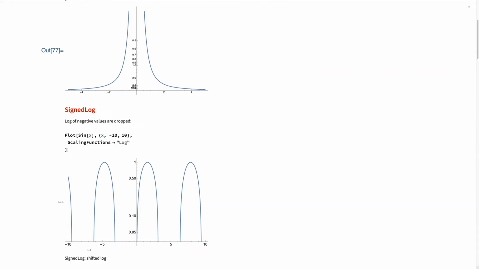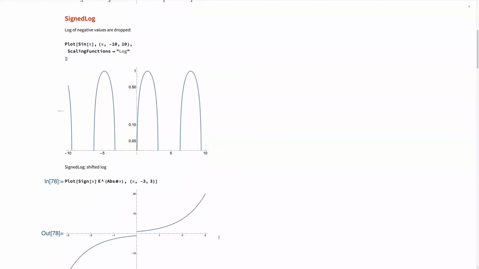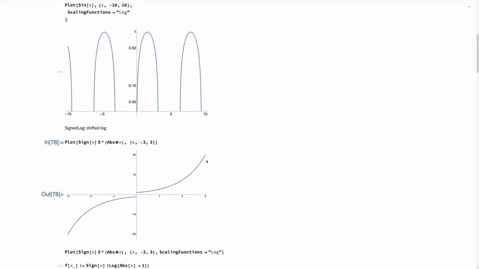So you get a plot like this, for example, for the sine of x, all the negative values just get clipped or dropped. But it is desired to see the negative values also in the log scale. So this is where we introduced the signed log, which is a shifted log.